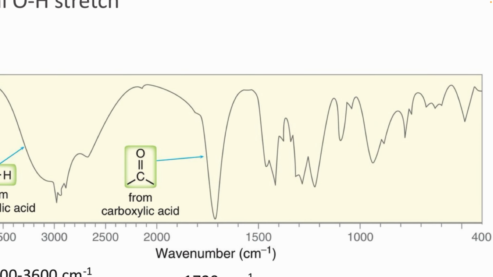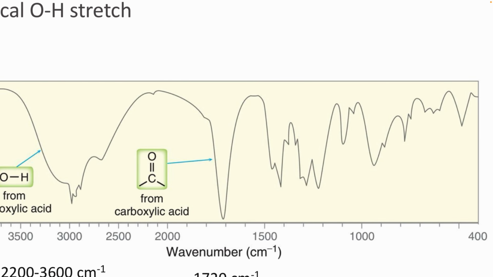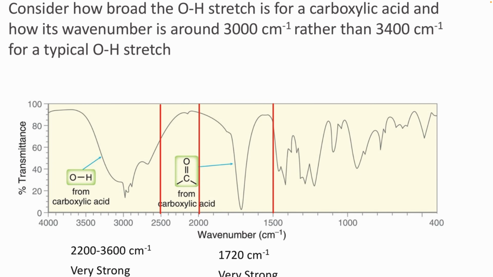Okay, so first of all, looking at this here, I'm going to cut it up. First I just want to note we do have our nice, sharp carbonyl peak here, right around that 1700 marker we would expect.